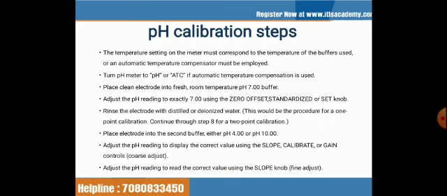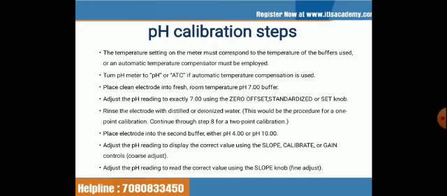The calibration should not exceed that. If you are maintaining the slope of the pH meter, then the slope reading should not be increased beyond 4.20. The plus or minus would be within 0.10.